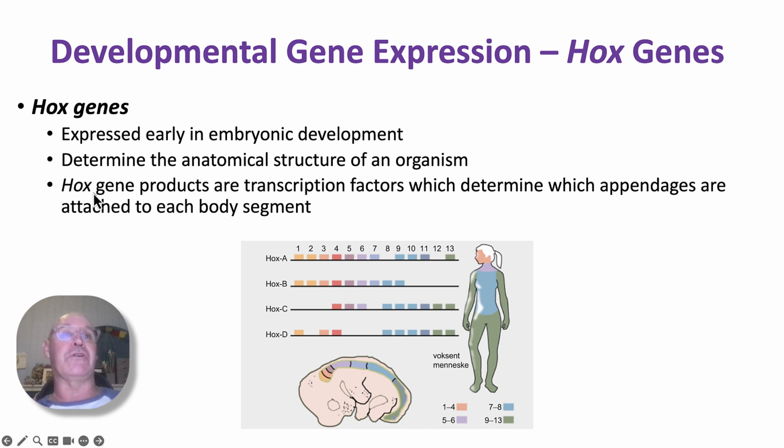So they're regulatory genes in terms of producing functional gene products that are transcription factors, and they're involved in determining where appendages are attached to each of the body segments. So there's a number of genes, and they determine where the arms grow and where the legs grow, and where the organs are in our body.